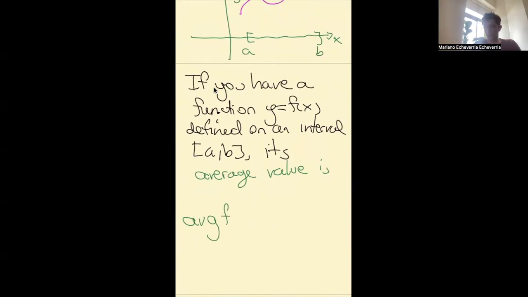The average of f is 1 over b minus a, because that's the length of the interval, times the integral from a to b of f of x dx.